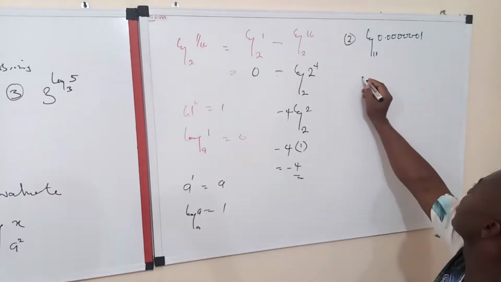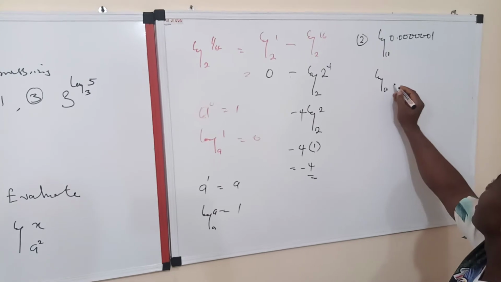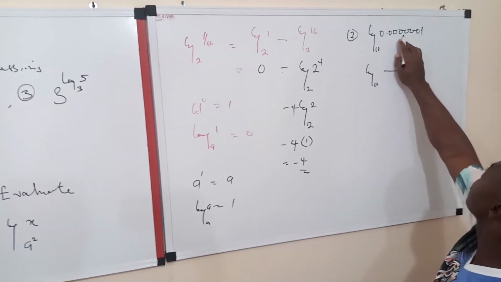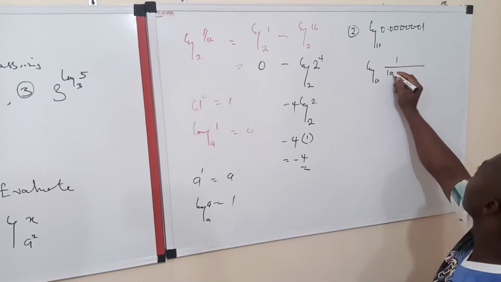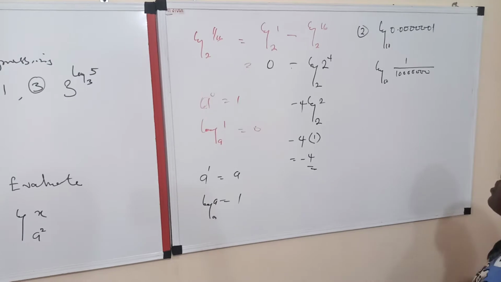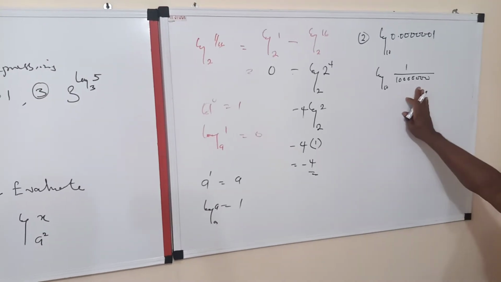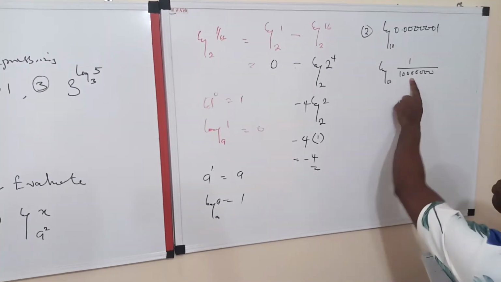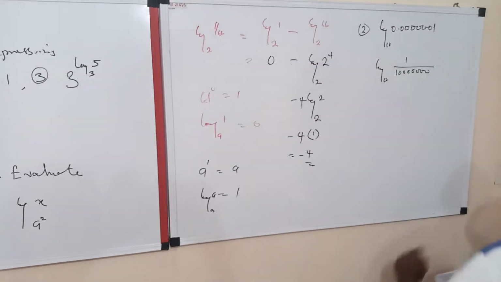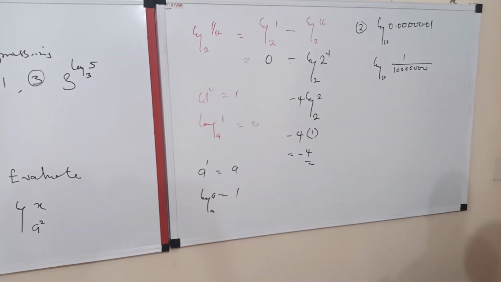This we can write as the log of 10, 1 all over 1, 2, 3, 4, 5, 6, 7. This is what we have. Now, if it is true, then it is now looking like this other stuff here. So we can also rewrite it in terms of the difference of the logs.